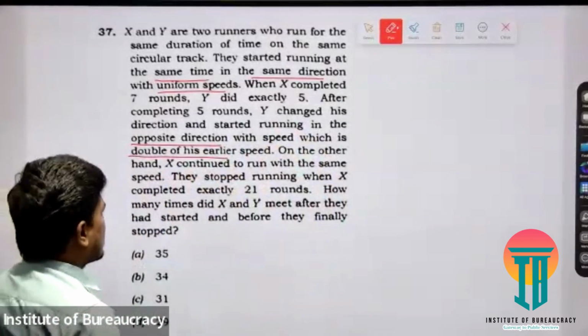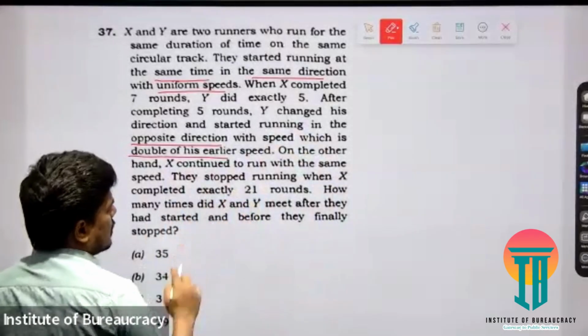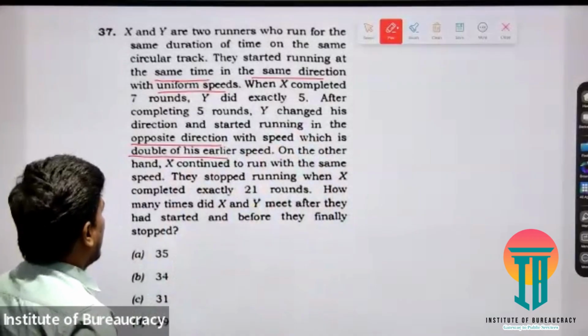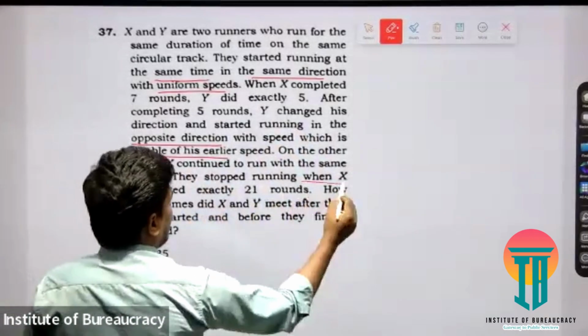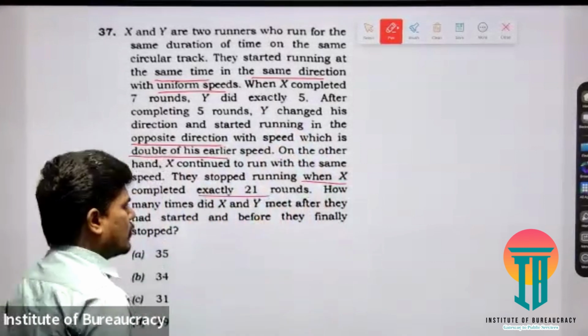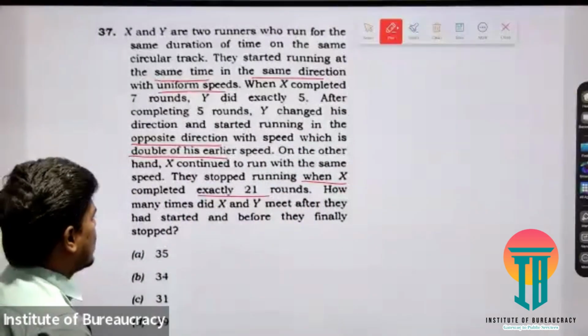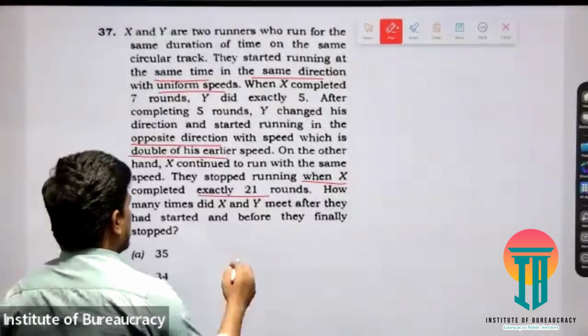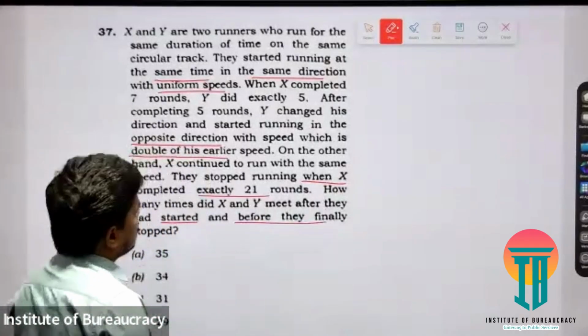On the other hand, X continued to run with the same speed. They stopped running when X completed exactly 21 rounds. How many times did X and Y meet after they had started and before they had finally stopped?